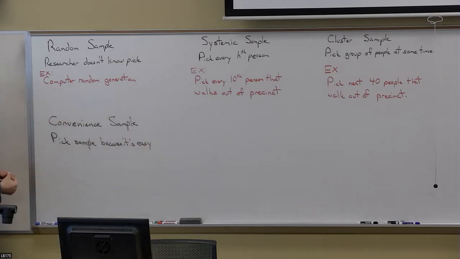So an example of that would be if I made my friends my sample. Let's say I wanted to figure out what are the biggest issues that people are voting on, and I just picked my friends.